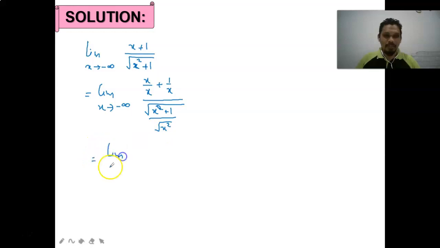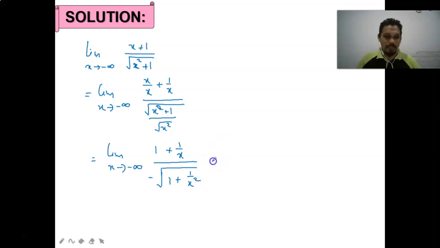We come out with x divided by x equals 1 plus 1 over x, and because x approaches negative infinity, we come out with the negative square root of x squared divided by x squared, which is 1 plus 1 over x squared.